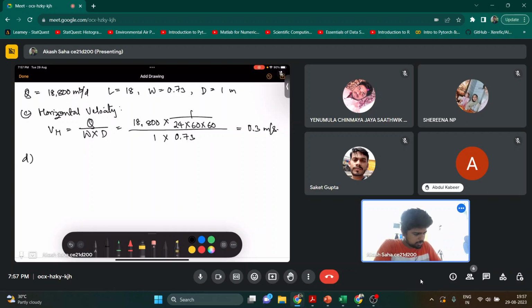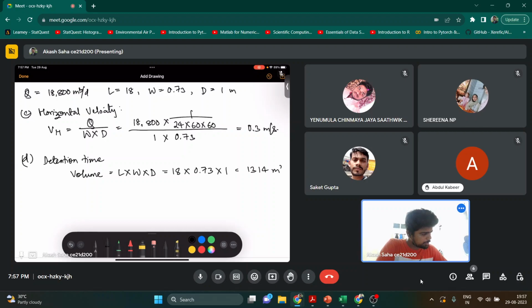And at last we have to find the detention time. For detention time, we have to know the volume. My volume of the basin is L into W into D, that is 18 into 0.73 into 1, which will be equal to 13.14 meter cube. Okay.